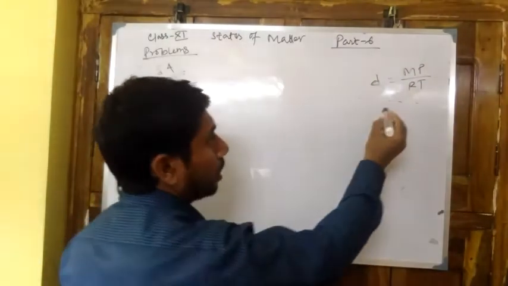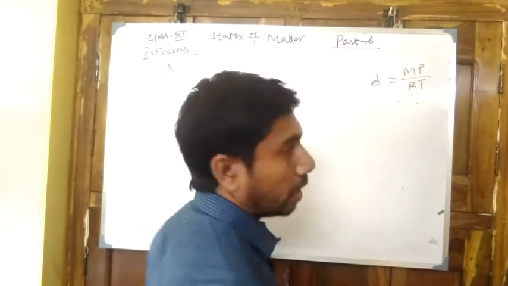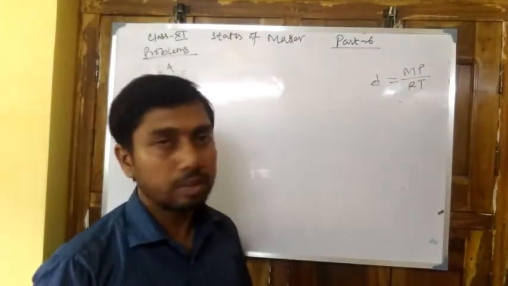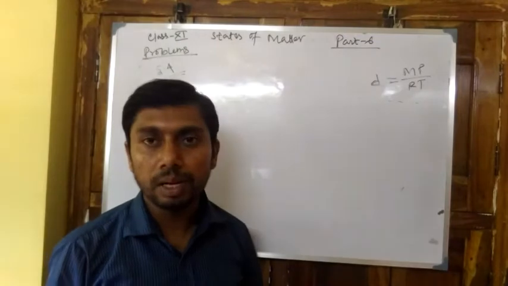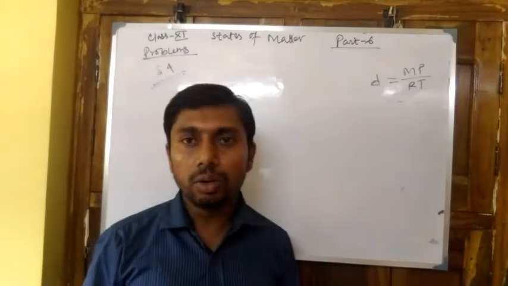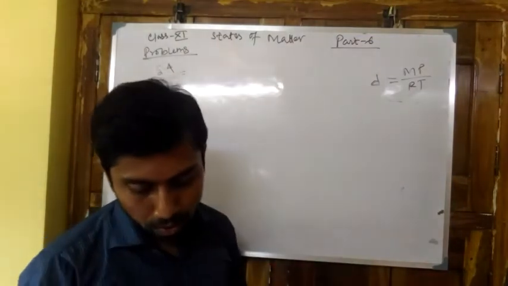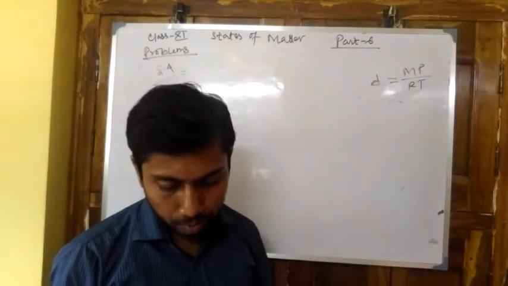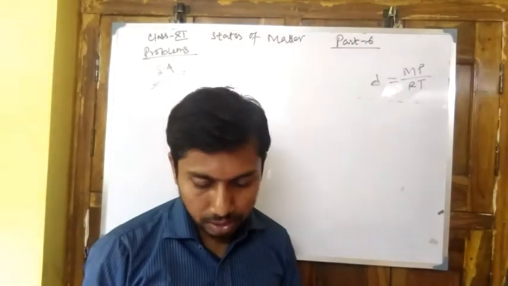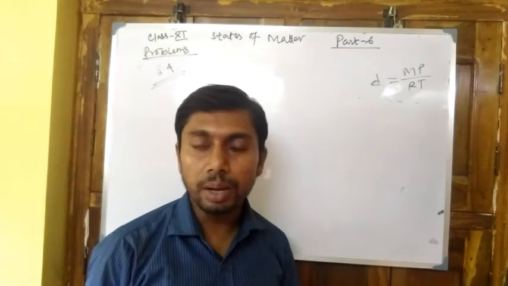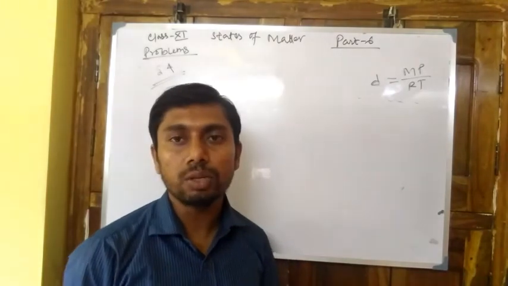It is just from the ideal gas equation, with small m equals small m by capital M, and density D equals m by V. Now come to the problem: here we have to equate the density in the two situations.